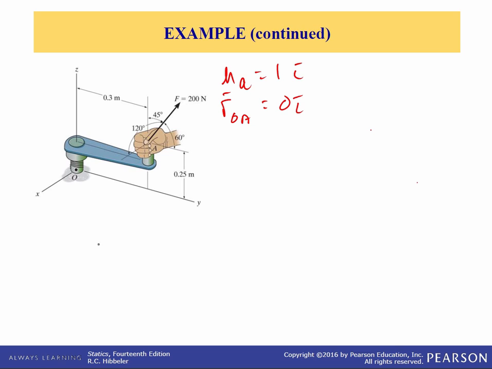And in the j direction, or y, we need to go a positive 0.3 meters, so it's plus 0.3j. And in the z direction, we have to go up 0.25, so it's plus 0.25k, and that is in meters.